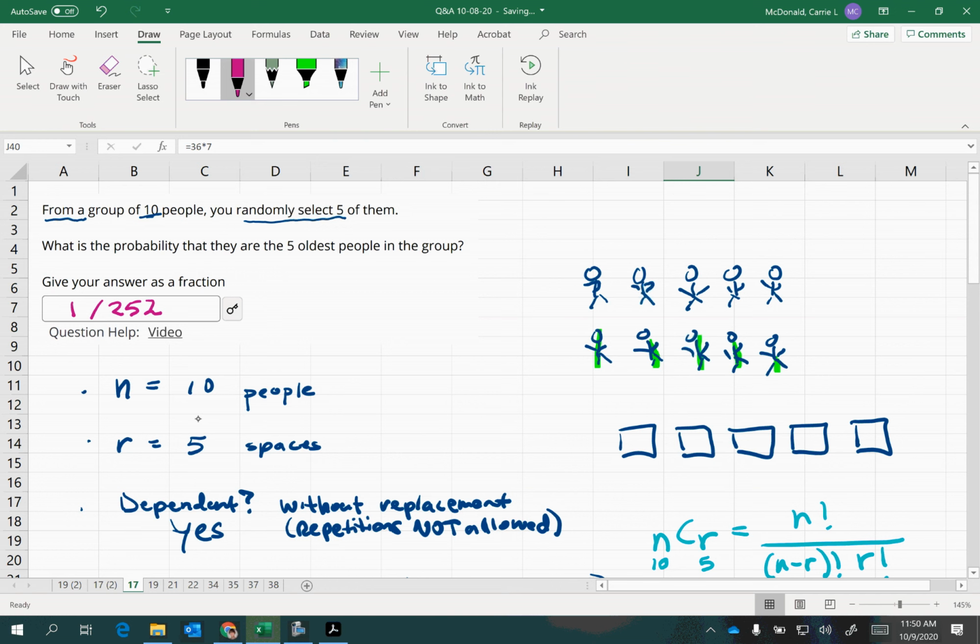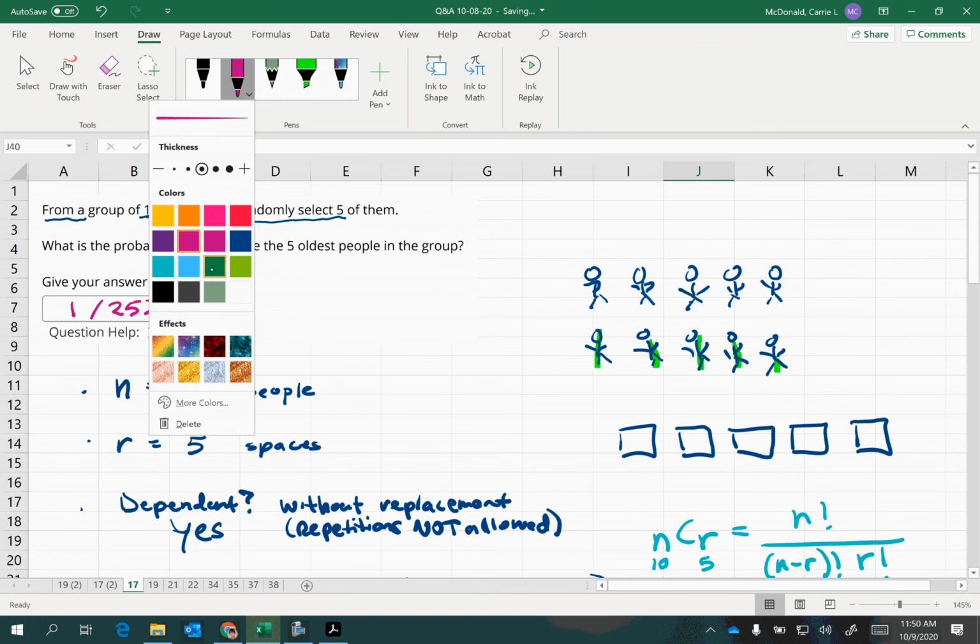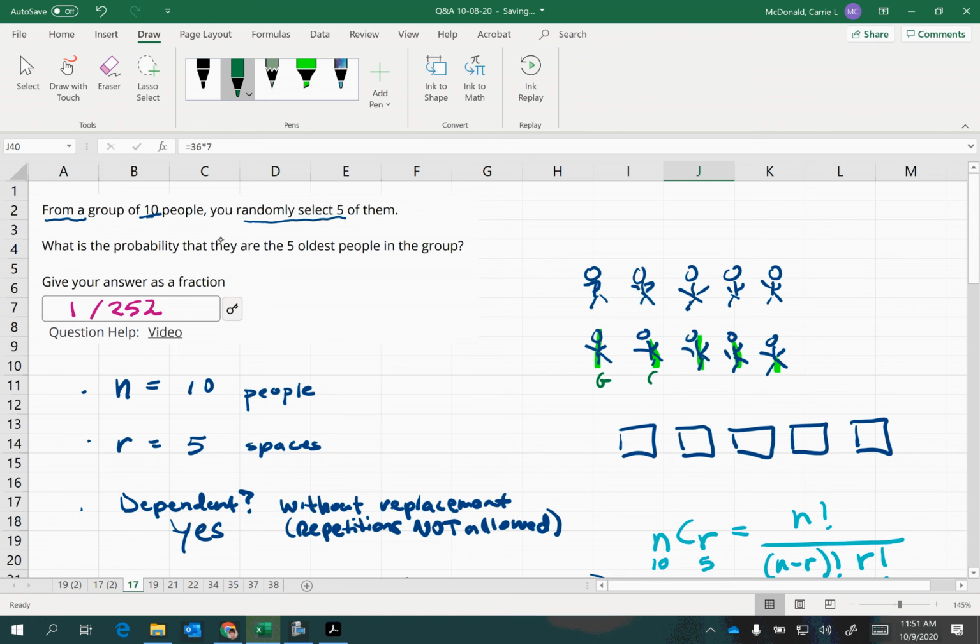Another way I could have looked at this is just using the multiplication rule for probability. Since there are multiple trials, I can think of this as, let's say we use green to represent the oldest members.